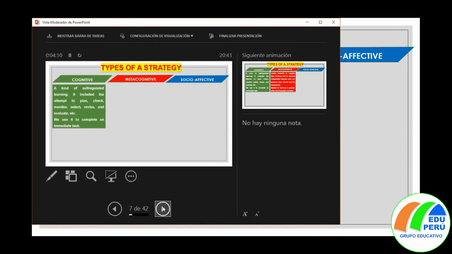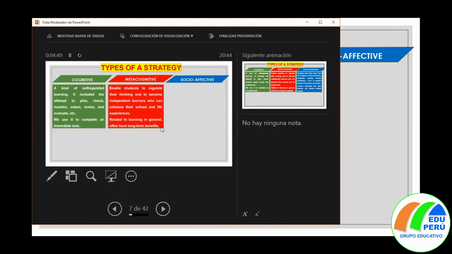Yeah, all the strategies that we use, as Ruth says, as reflection, but after the activity. Yeah, that's it. So this is a kind of reflection.